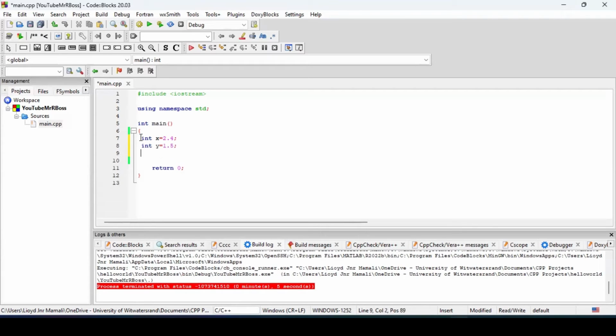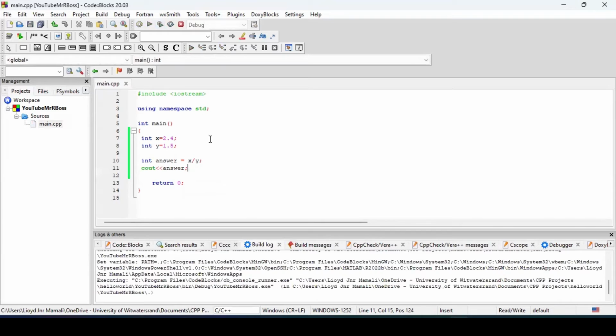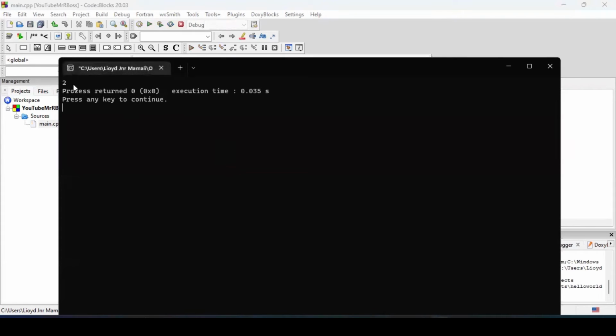And then from there I say that int answer is equal to x divided by y, and then I say cout answer, right? Let me run this and let's see what is going to happen. So I think you can see that it says that the answer is 2.